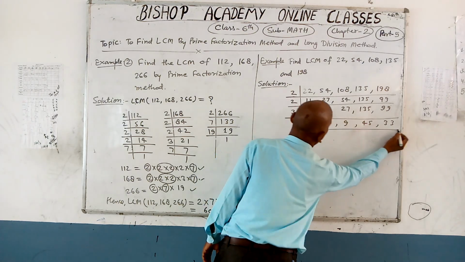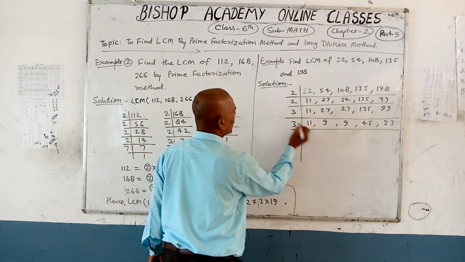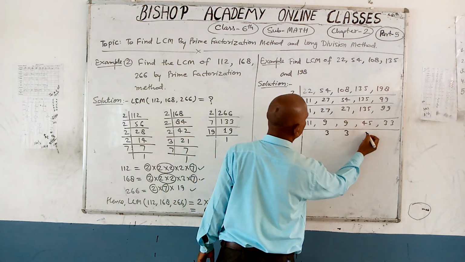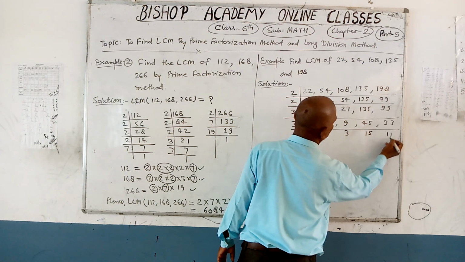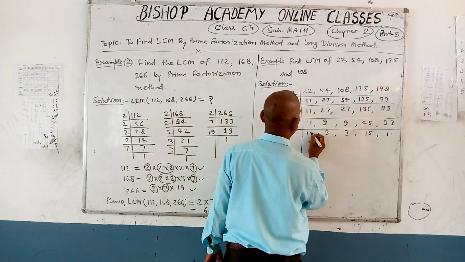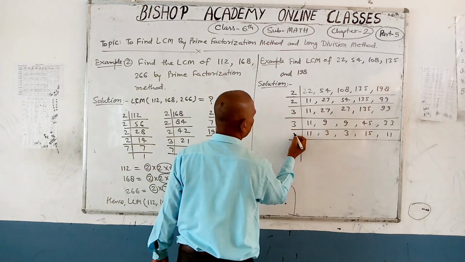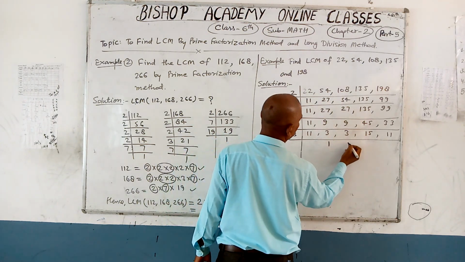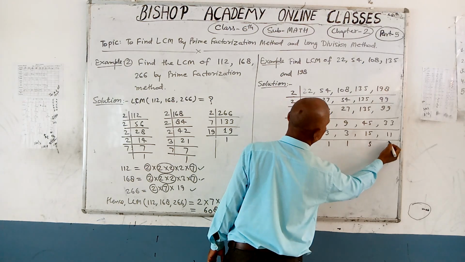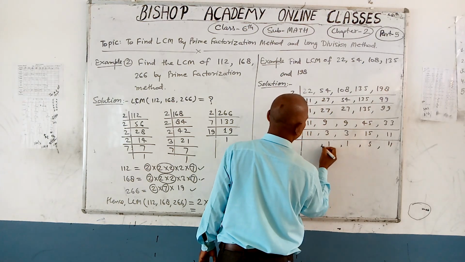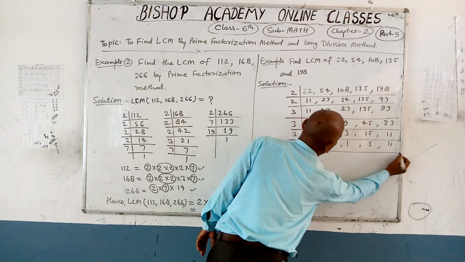11 to take down. Again by 3 you can divide. 3 3 is 9. 3 3 is 9. Here 15. Here 11. Take down 11. Again you can divide this by 3. Take 5 times. Take down the remaining numbers again.